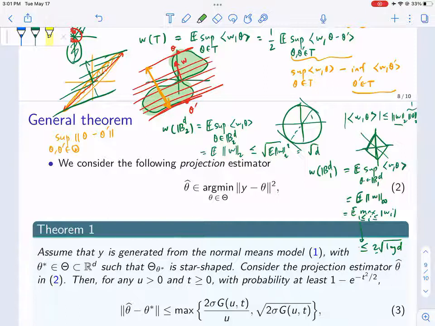As I mentioned, this is measuring a width in direction W. So on average the width of this is much smaller than the width of this. It's a smaller set. Smaller usually means better, in a sense: when things are smaller, you expect them to be easier to estimate.